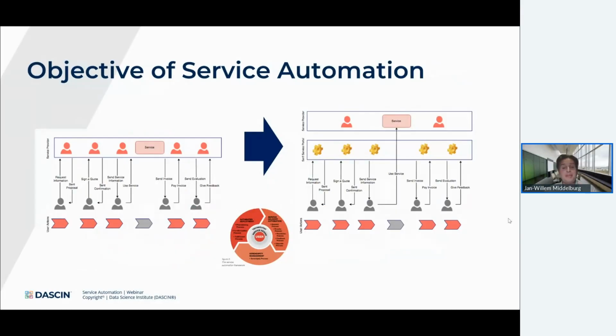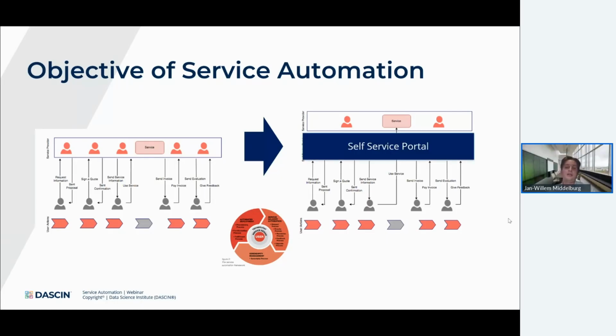So very schematically, what the service automation framework helps you with is to move from the delivery of a service which is analog, which is typically a number of interactions between a user and a service provider, towards a situation that you see on the right, where the interactions between a user and a service provider are delivered through some form of a self-service portal, and that user is consuming the steps of that service in a step-by-step manner. And that really is the transition that the service automation framework is facilitating.